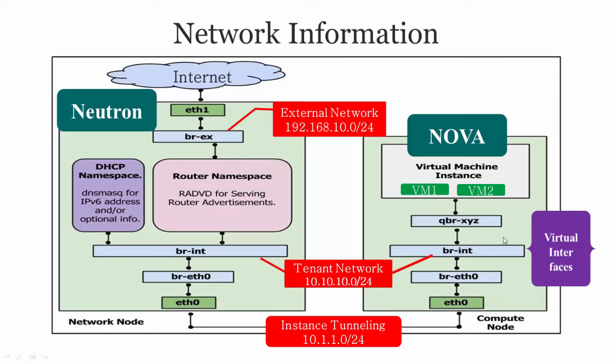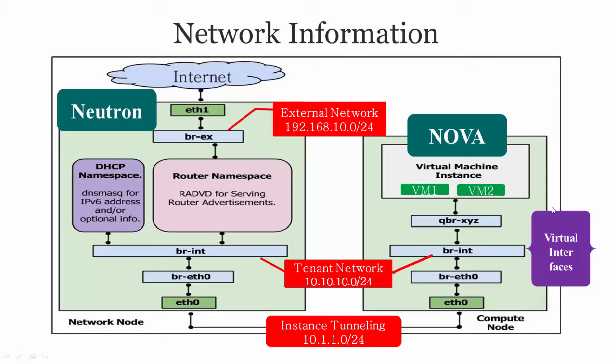So each Nova and Neutron node must have these virtual interfaces, the BREX, BR integration, or BRETH0. Here, QBR, BR integration, BRETH0 like this.